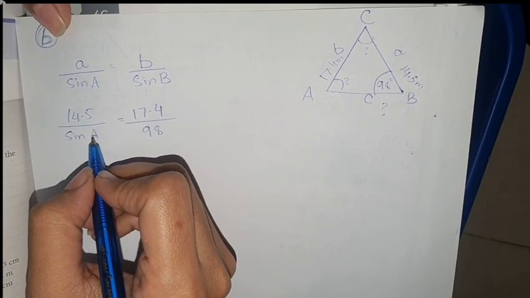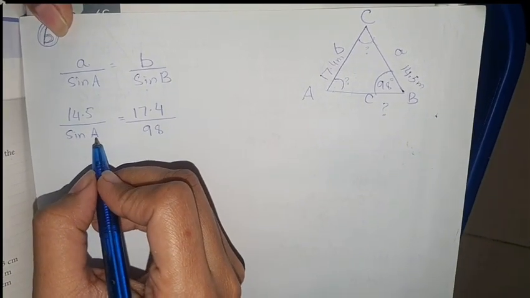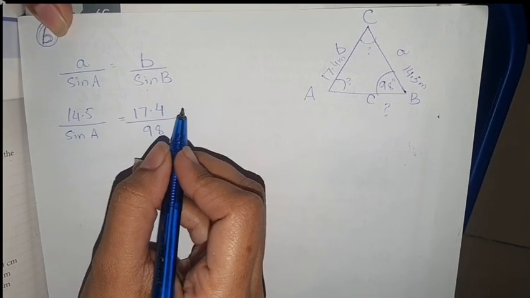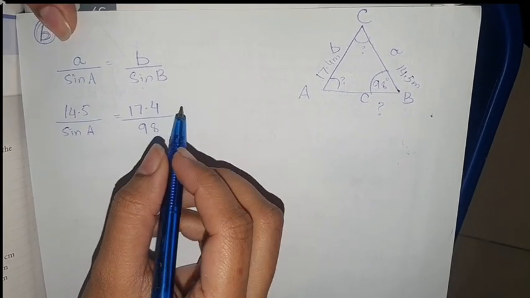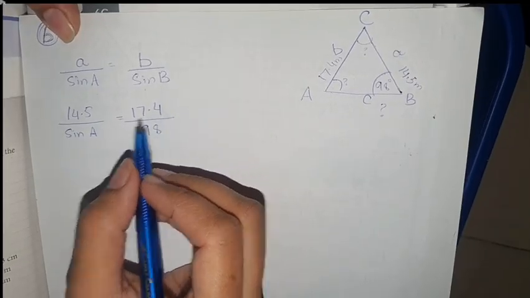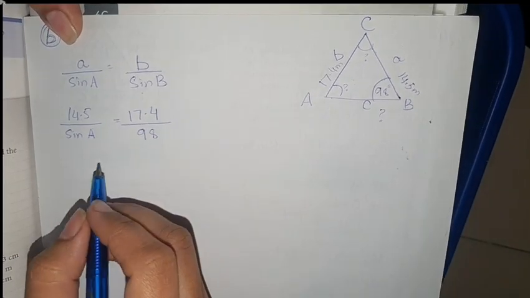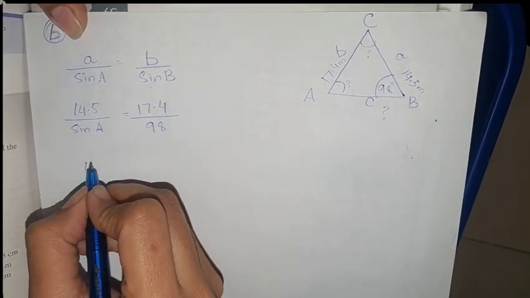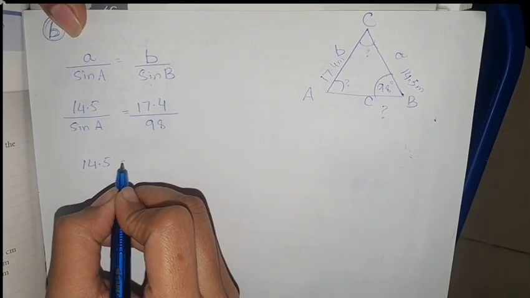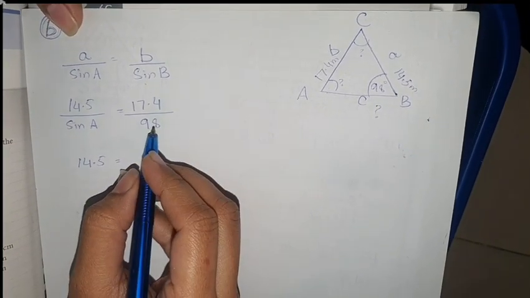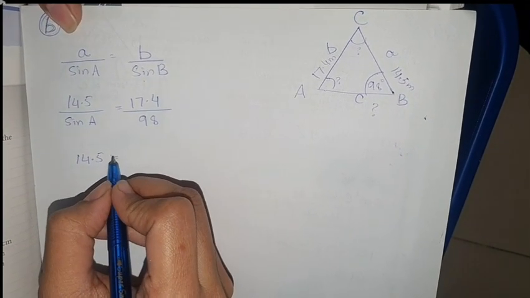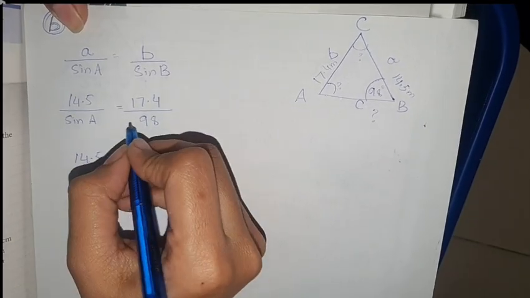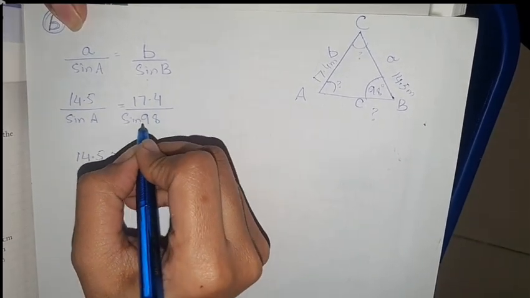So first of all we have to shift it to the numerator. I am moving it to this side so that it will be in the numerator, and I have to make it the subject. So 14.5 I am writing as it is. Sine 98 is dividing over here, so I will multiply it. This is sine 98 because this is an angle.